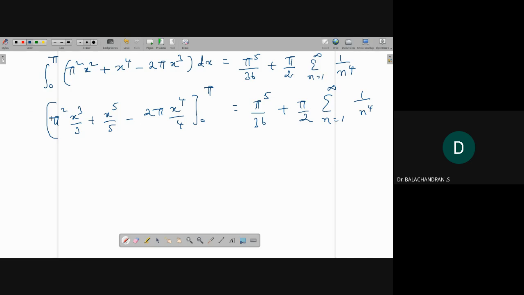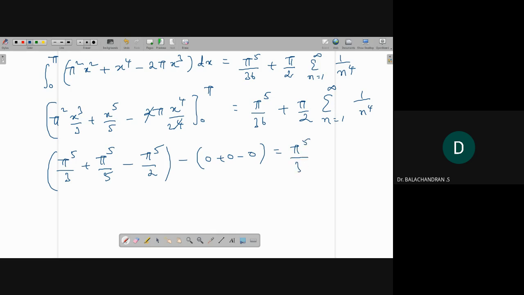So this is actually what? Pi power 5 upper limit by 3 plus pi power 5 by 5. Here you have 2 pi power 5 by 2. Lower limit is 0. Okay, which is equal to pi power 5 by 36 plus pi by 2 into summation n equal to 1 to infinity 1 by n power 4.